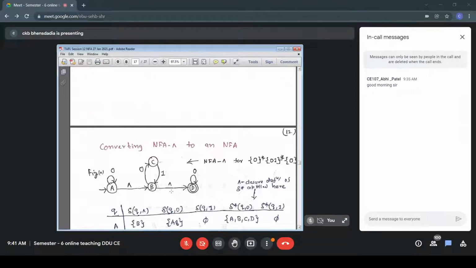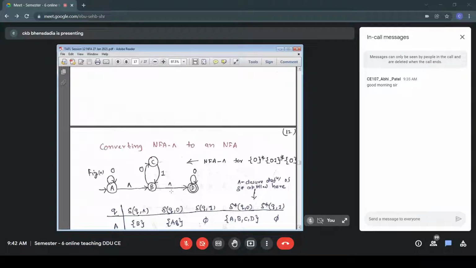Either we consume 0 in the state A itself, A on 0 to A, 0 is consumed, so answer is A. On null, no symbol required, so we can go to B, and on null, we can go to D. So ABD will come as it is. Otherwise, we go from A to B on null, nothing is consumed, then B to C on 0, so 0 is consumed now. So answer will be C. So answer is A, B, C, D. Delta star A0 is A, B, C, D.